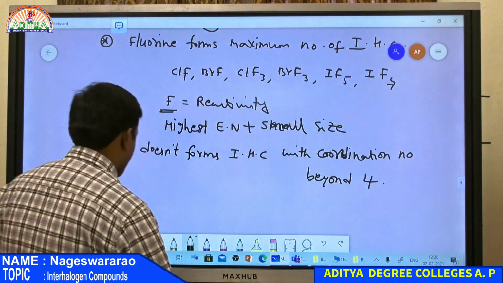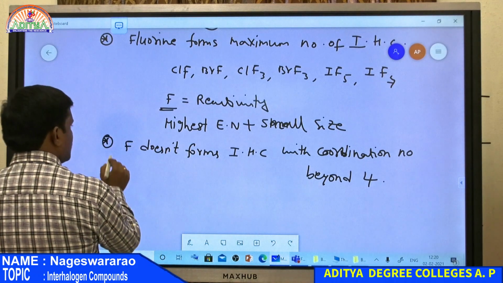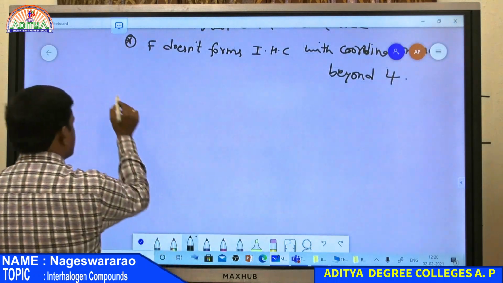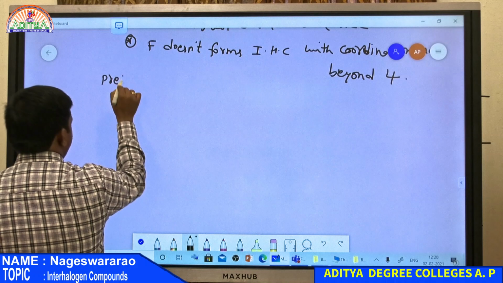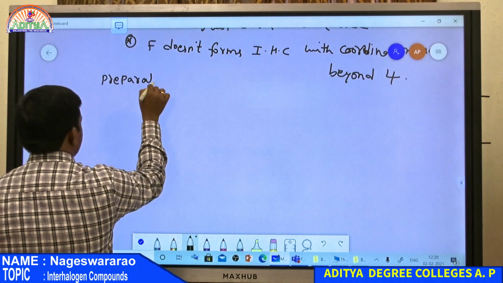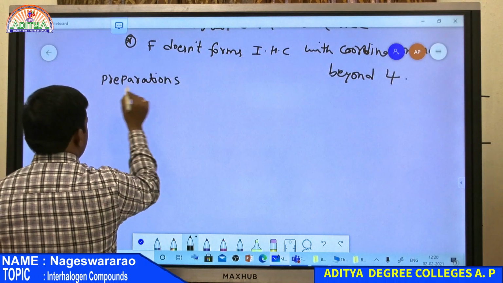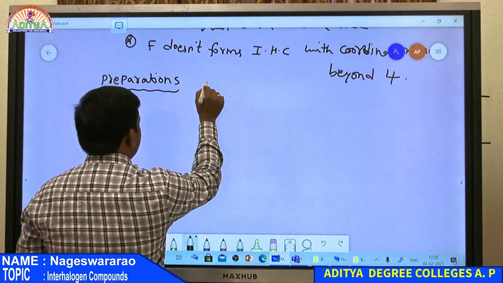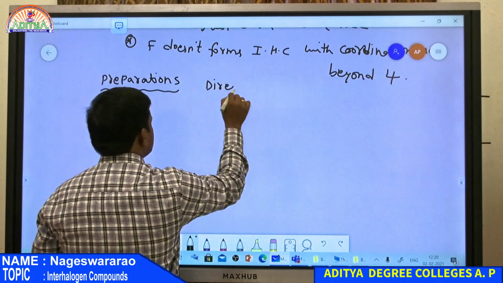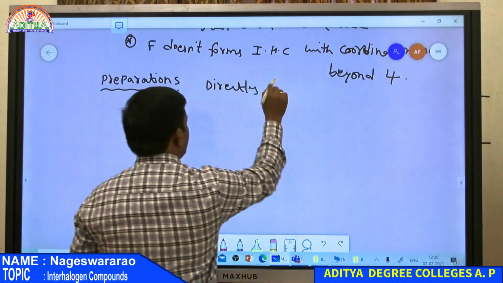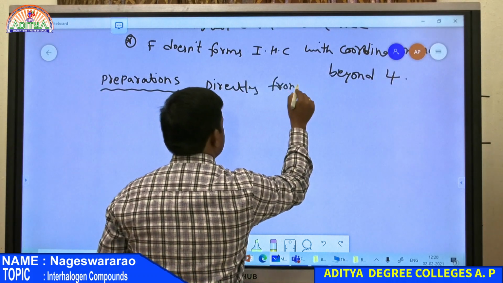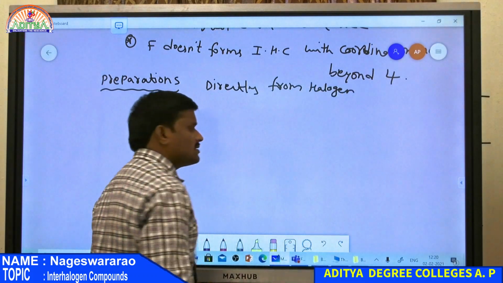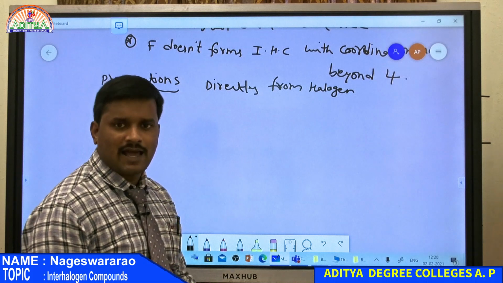So now preparation. What is the preparation of interhalogen compounds? Interhalogen compounds are prepared directly from halogens. Directly from halogens means mixing of any two halogens directly gives an interhalogen compound.